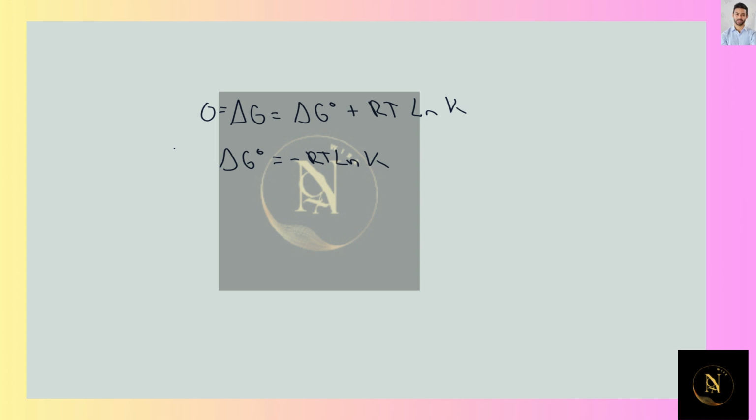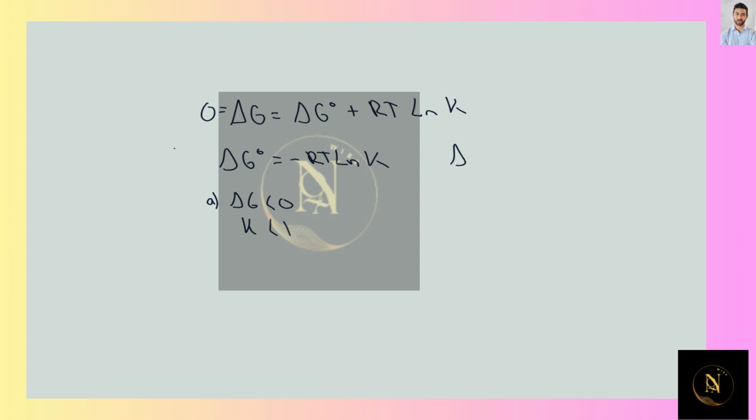So, out of all of the statements that we have here, the first one tells us that if delta G naught is lower than 0 and K is lower than 1, then something needs to happen. So, first of all, let's verify if this is possible.